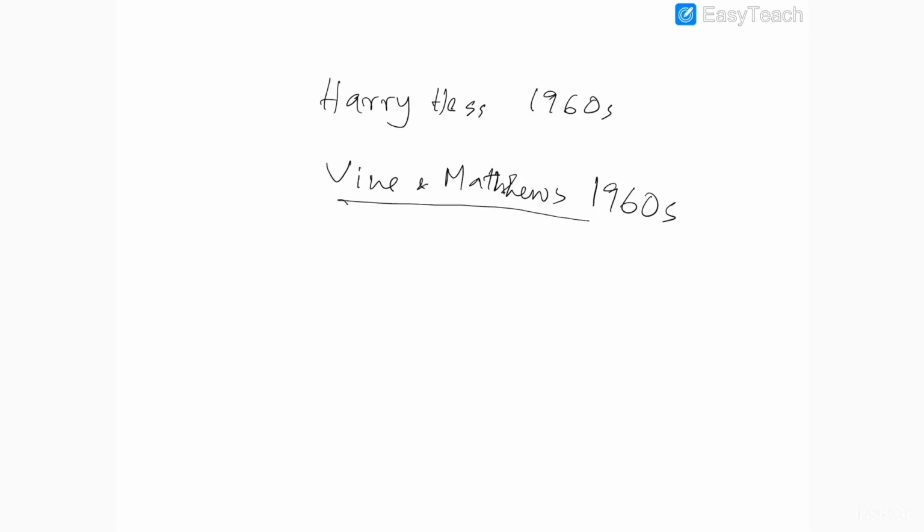So Vine and Matthews found out this reverse polarity of geomagnetism, and they said yes, what Harry Hess said in 1960, that seafloor spreads, is now conclusively known, and the records are kept in the basaltic ocean floor.